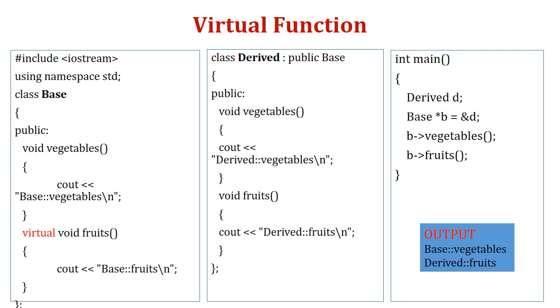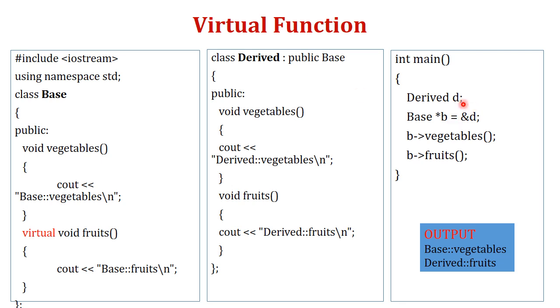Then another example. For example, the base class has two functions. One is vegetable, a normal function, and the next one is fruit, a virtual function. Again, the derived class, which inherits the properties from the base class, also has two functions: one is vegetable, and the next one is fruit. Again, the class is closed. Now the object is created from the derived class.